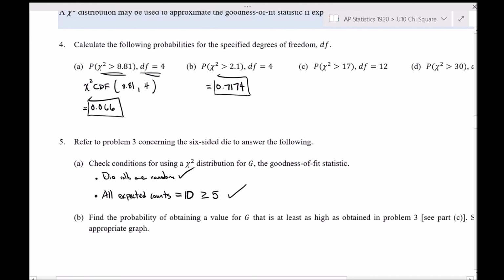I'm going to put a check mark on that because they're all bigger than 5, or they're all at least 5. So there's several categories. If we're talking about a mean problem, so x bar comma mu, then the number to remember is 30. If we're talking about proportions, so p hat versus p, the number there is 10, and there's two 10s. Now if we're talking about chi-square, expected counts need to be at least 5.